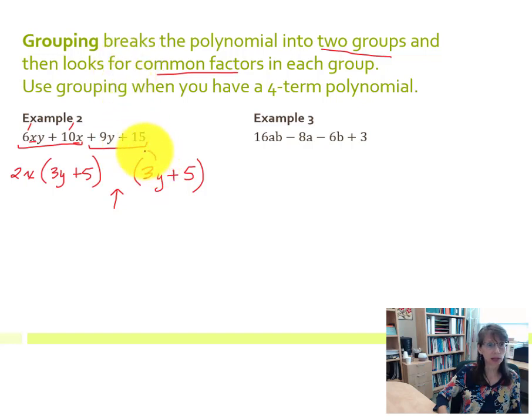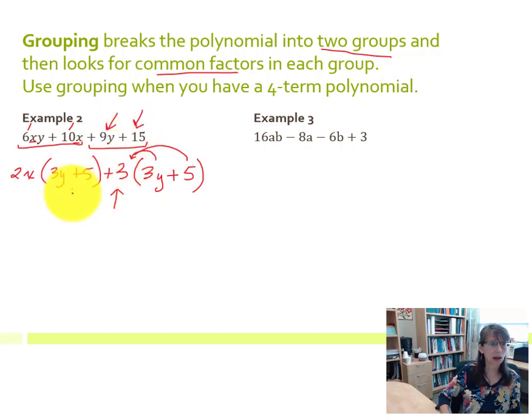So when I multiply 3y times something, I need to match 9y. So it looks like positive 3 was the missing factor. Does it work with 5 times 3? It does make positive 15. So plus 3 is needed to fill in that gap.